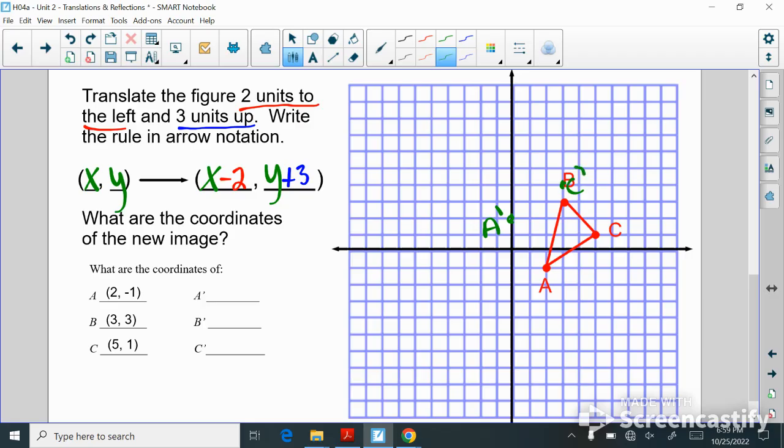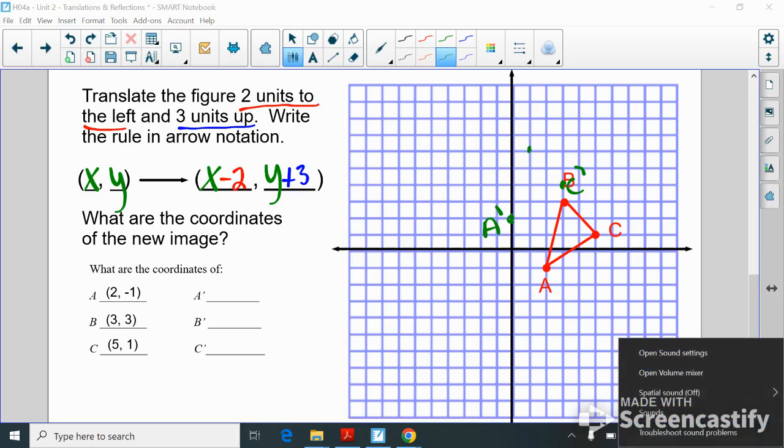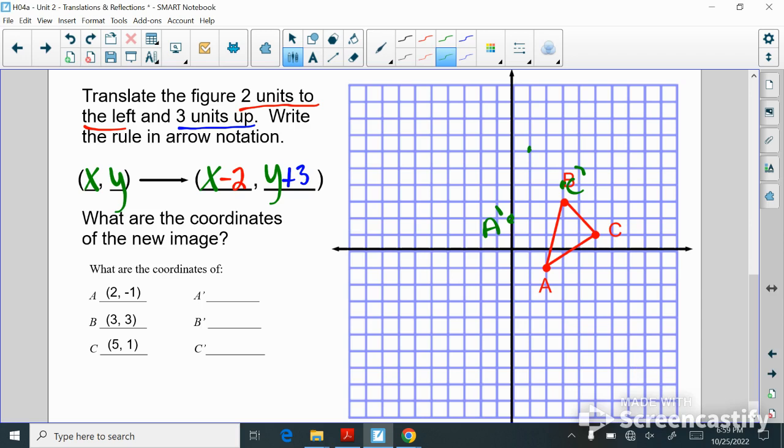This is going to be C prime. And then we have B prime. And again, I can see that that figure stayed the same shape, same size, so it's similar and congruent.